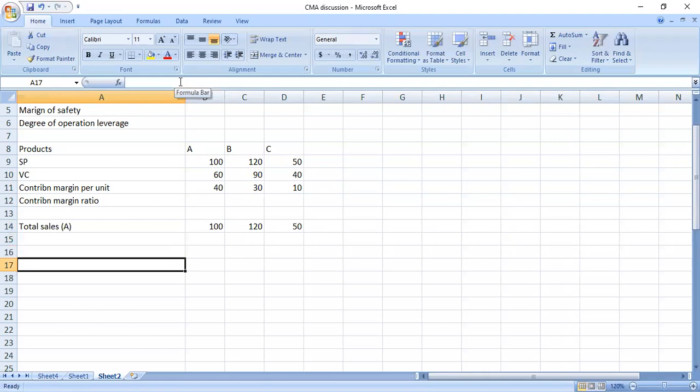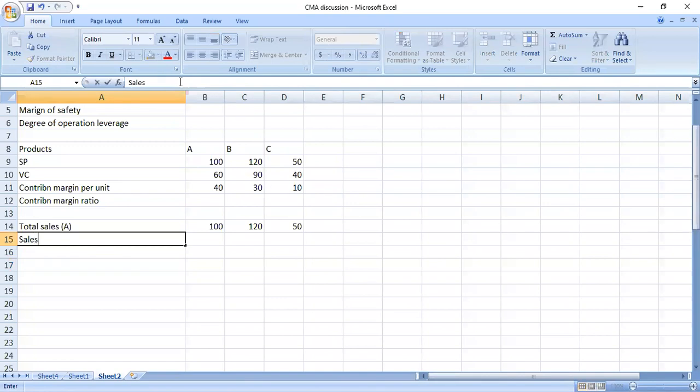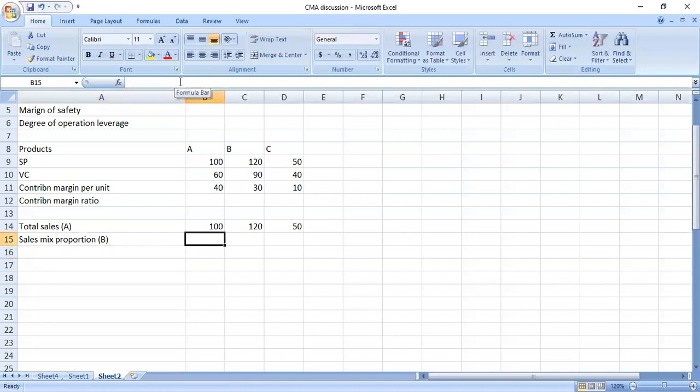And then down there, we've been given the sales mix for each product. Call that B. Not the proportion, the sales mix ratio.